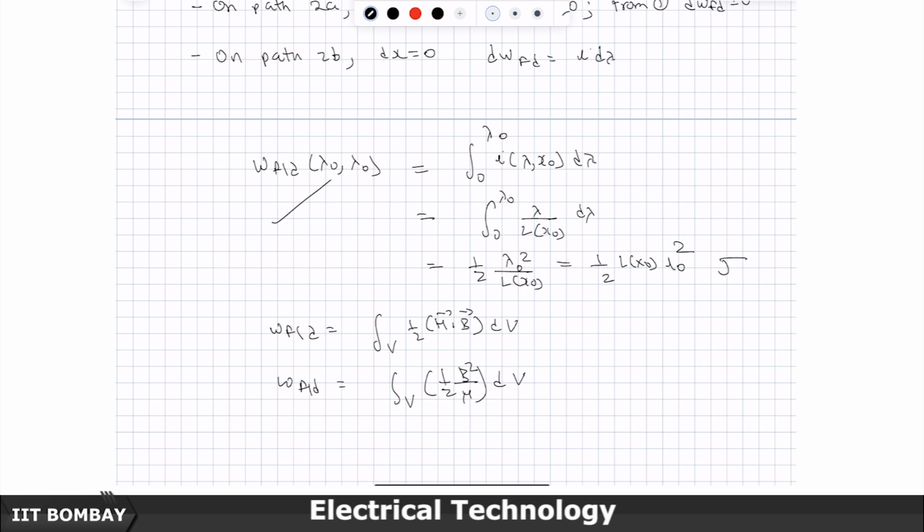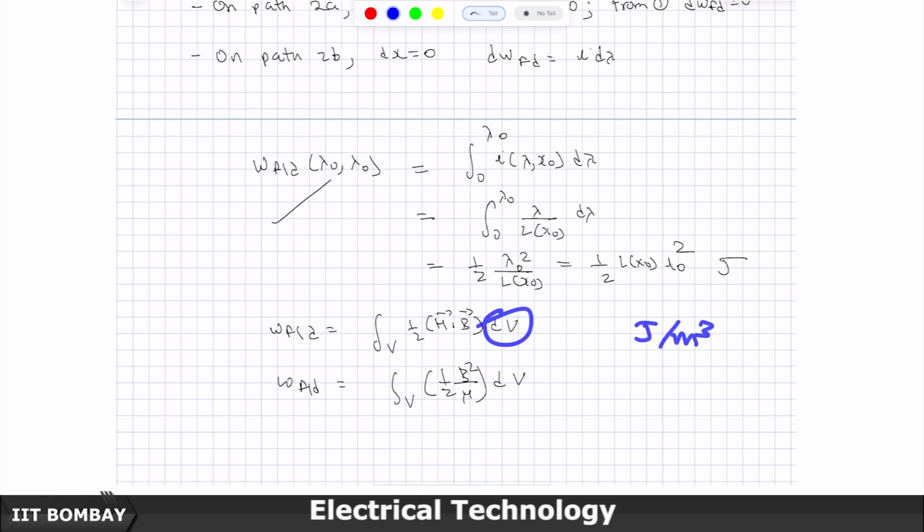In general, this stored energy can be written as the dot product, half of H dot B, the unit being joules per meter cube.